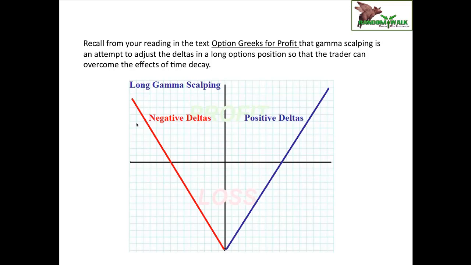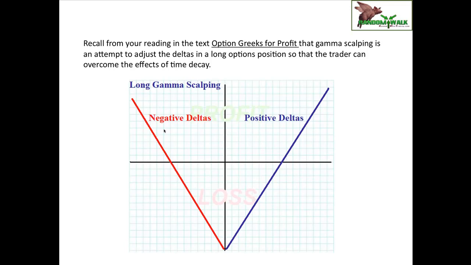So gamma scalping refers to the ability, for example, suppose the stock goes up. If the stock goes up, you have positive delta. And what you can do is you can now sell stock to get those deltas back to zero, to neutralize the deltas again in case the stock comes back down.